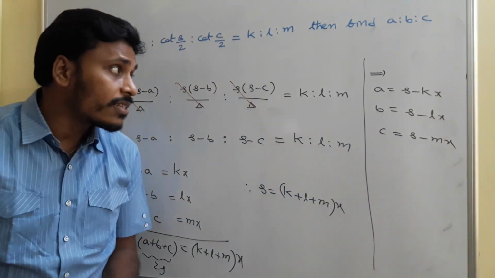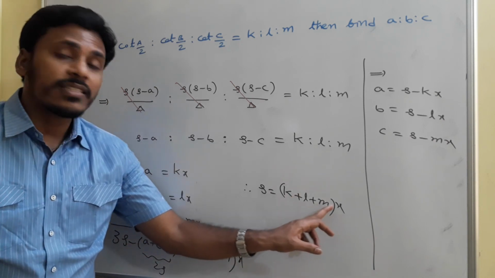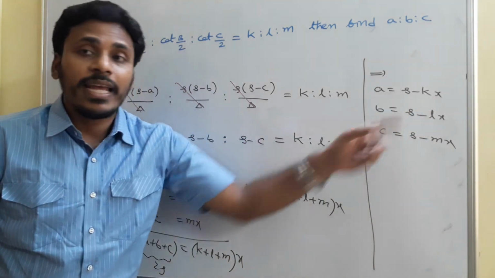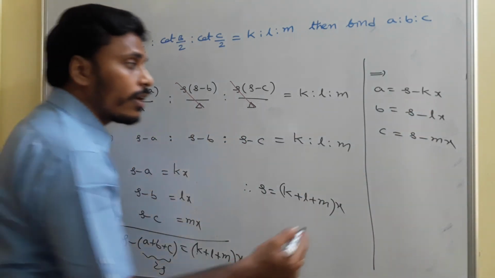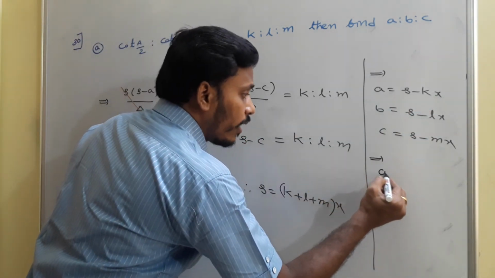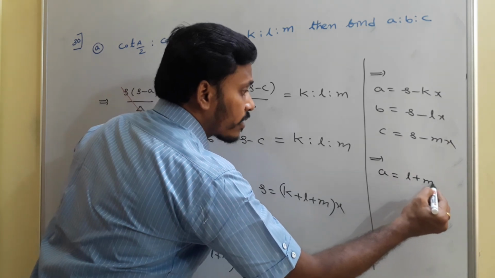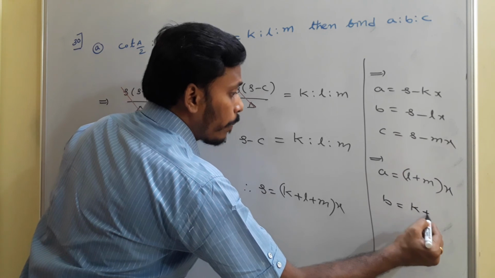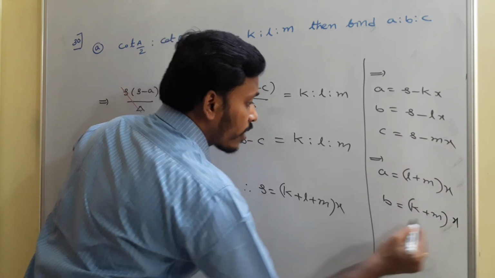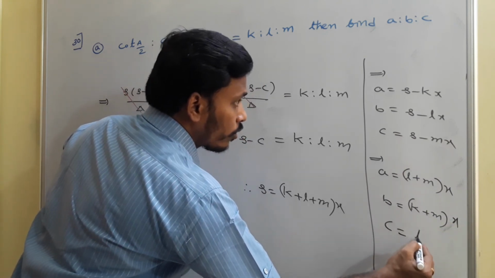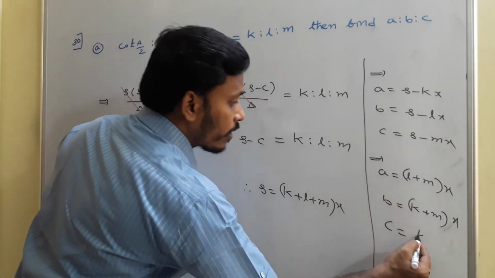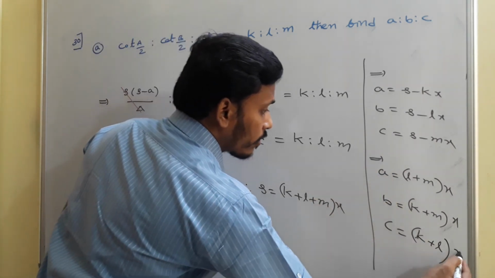And S is simply K plus L plus M into X, so minus Kx. In the next step you will get A equals L plus M times X, B equals K plus M times X, and C equals K plus L times X.